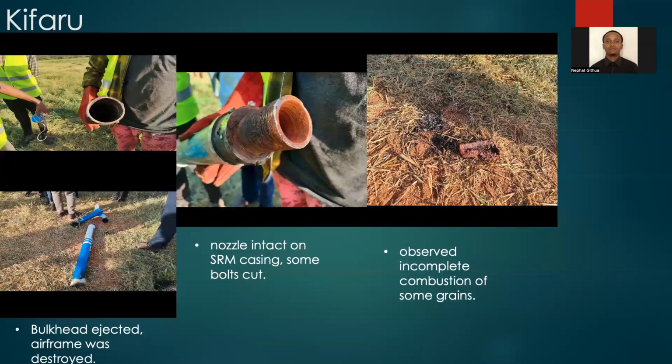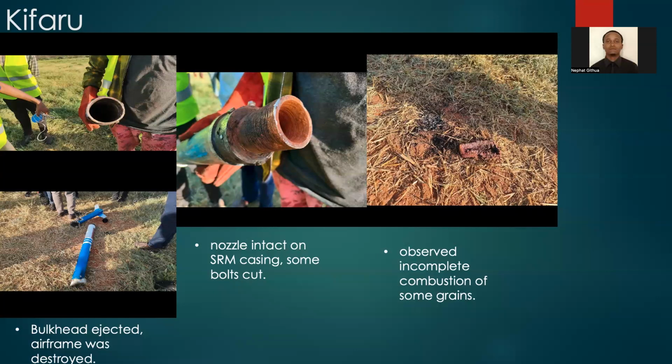As we can see on Kifaru, here is where we noticed the fuel that had not completely burned. This means that our grain preparation and our storage mechanisms are still wanting, and we'll have to improve on that so that we can ensure that the fuel is okay.